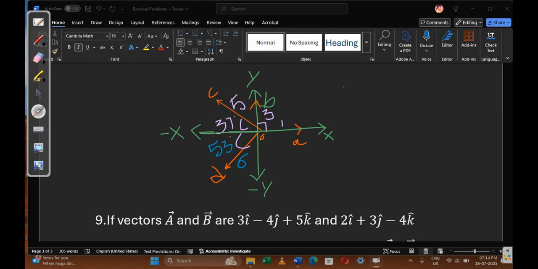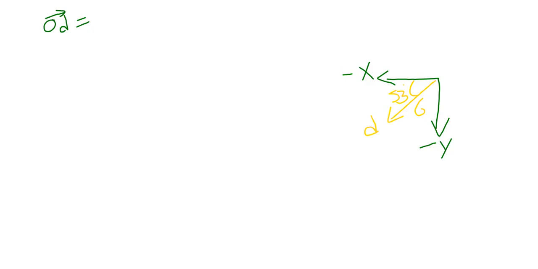Now we write this as third quadrant. In the third quadrant, both horizontal and vertical components are negative. So its length is 6 units. So minus 6 cos 53 degrees I cap minus 6 sin 53 degrees j cap.